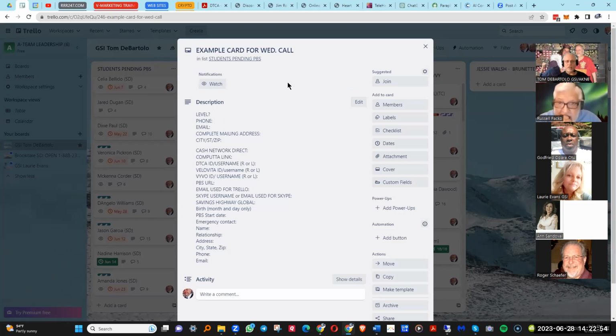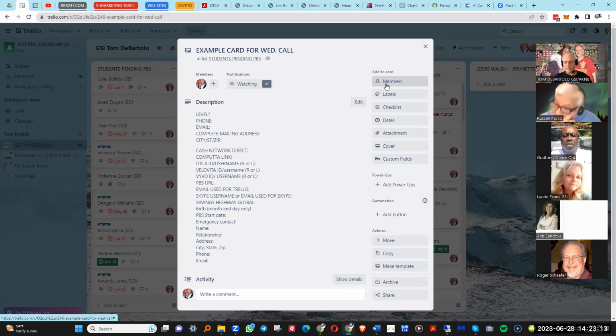Now over here, if you can't figure out how to put your picture in, or if you have somebody who doesn't have a picture, you want to get them invited. But if this is your card that you are going to be working, you can easily go over here to click join and your picture will show up, right?